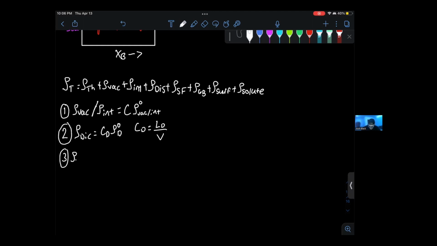Our resistivity due to grain boundary is equal to our resistivity due to stacking faults, which is also equal to our surface resistivity. These are all equal to some constant value times some specific scattering value. This constant is equal to area divided by volume.